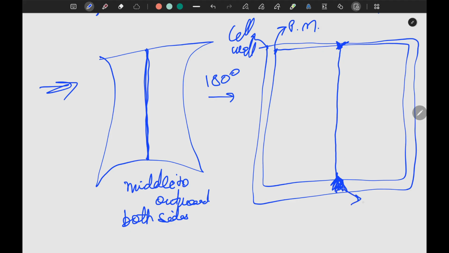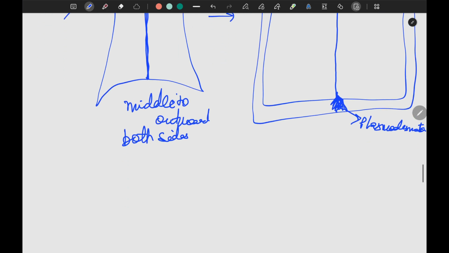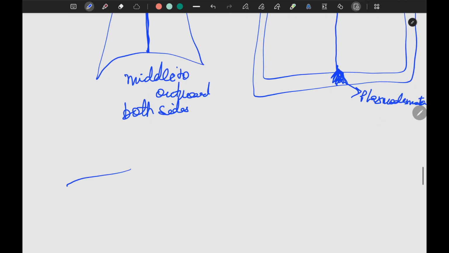We can term this as plasmodesmata. Then at last, after the connection with the cell plate, cell wall also, the cell divides into two.